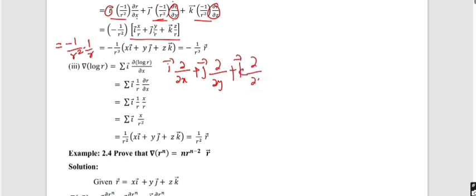We write this del as summation i vector into ∂/∂x. So summation i vector into ∂/∂x of log r. Differentiating log r with respect to x, we have 1 by r into ∂r/∂x, that is 1 by r into x by r, the formula for ∂r/∂x. So summation i vector into x by r square.